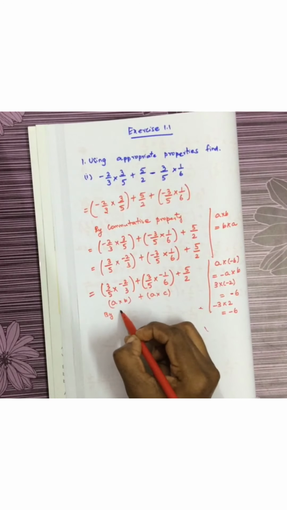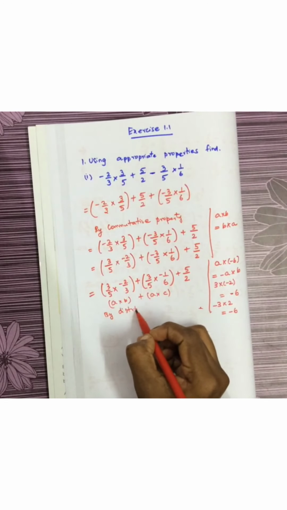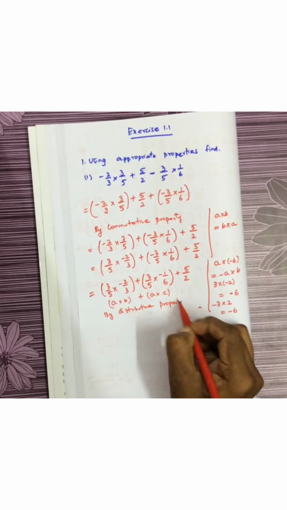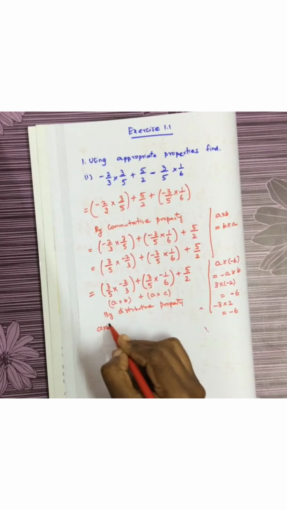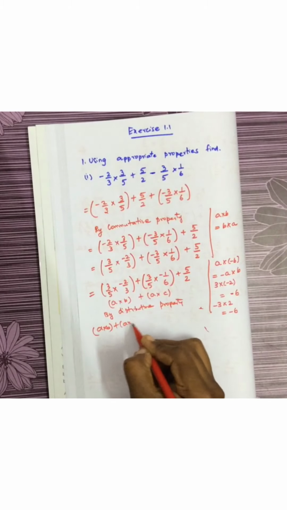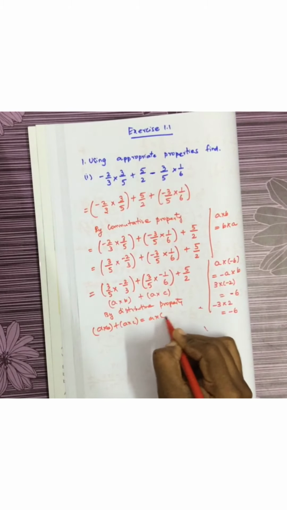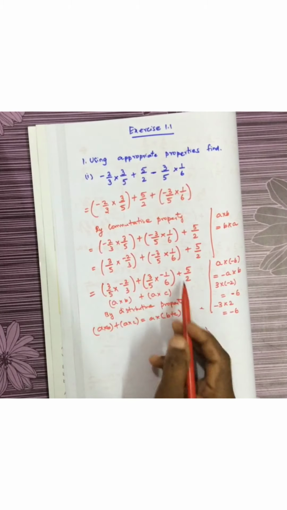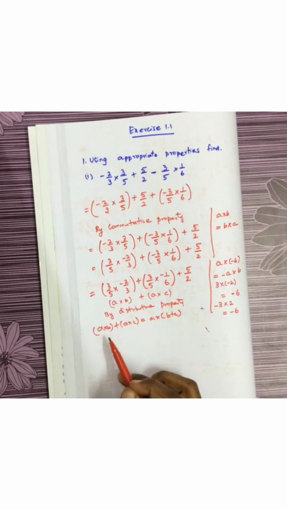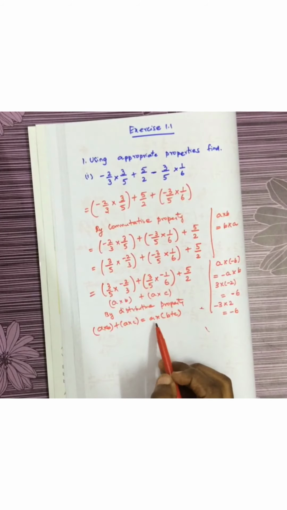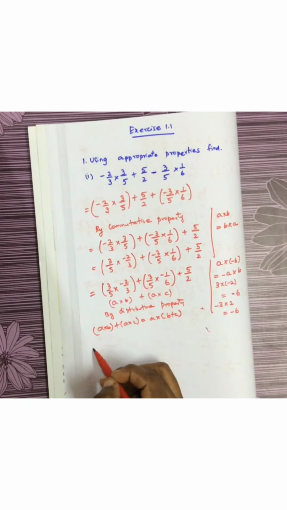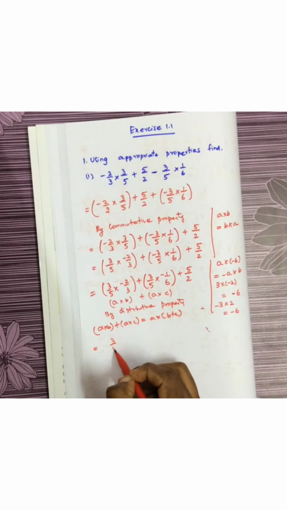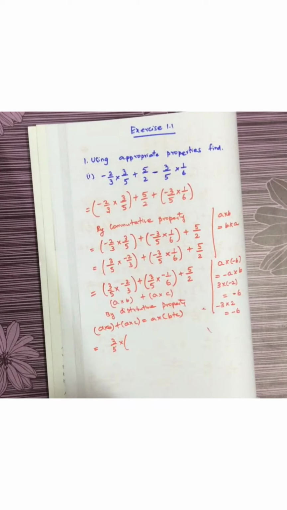By distributive property. What is that? a multiplied by b plus a multiplied by c is equal to a multiplied by b plus c. Now you have to rewrite this term, a multiplied by b plus a multiplied by c, as a multiplied by b plus c. So that is equal to, what is a here? a is 3 by 5 multiplied by b.